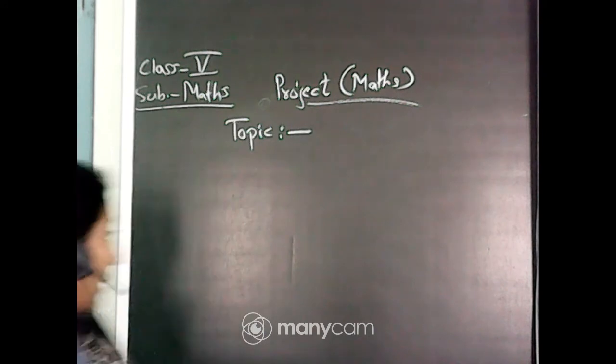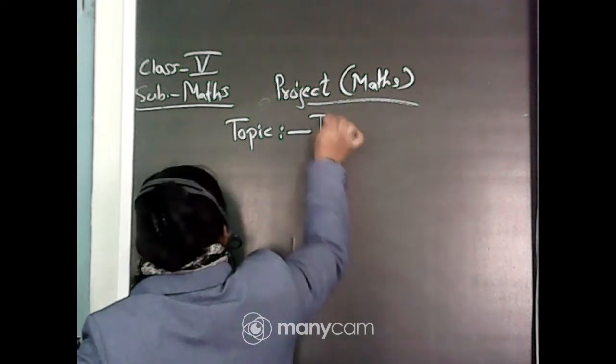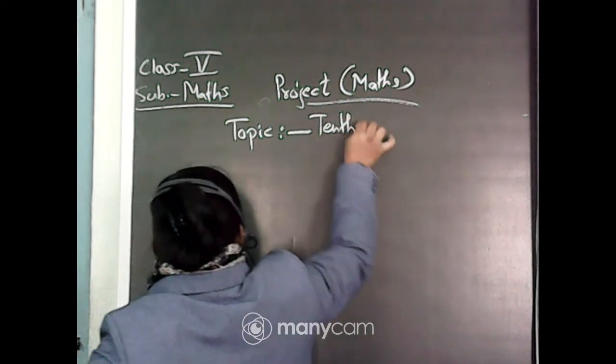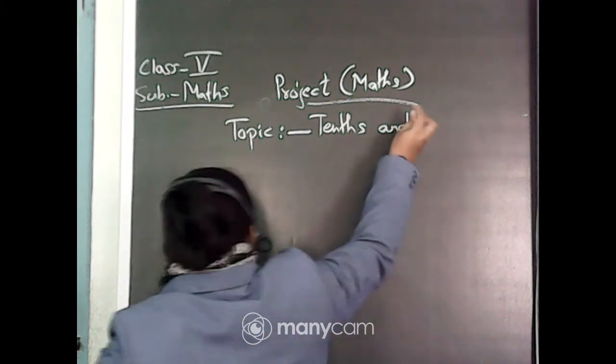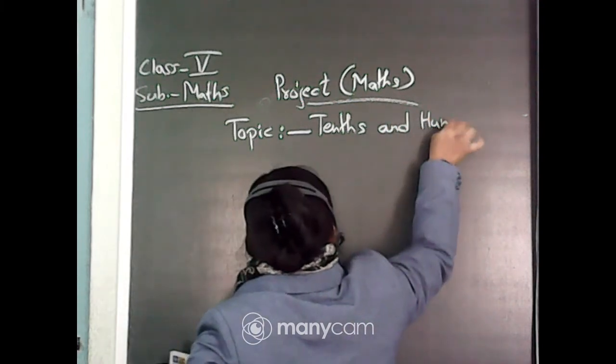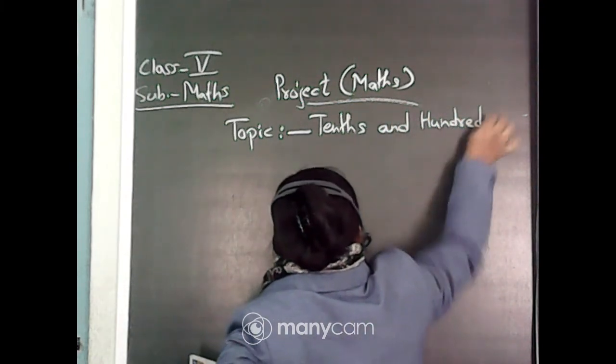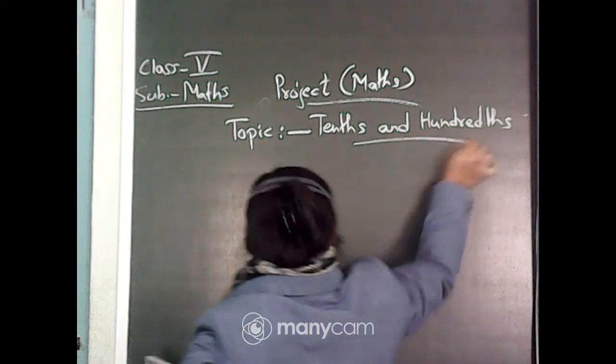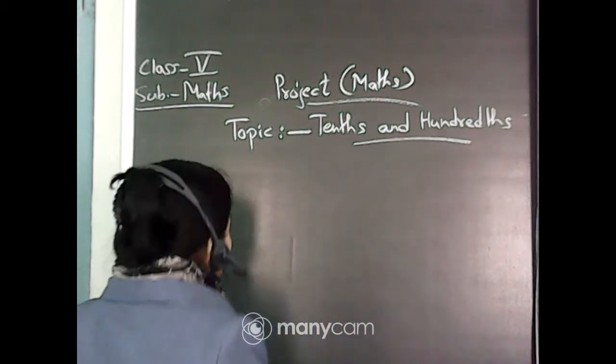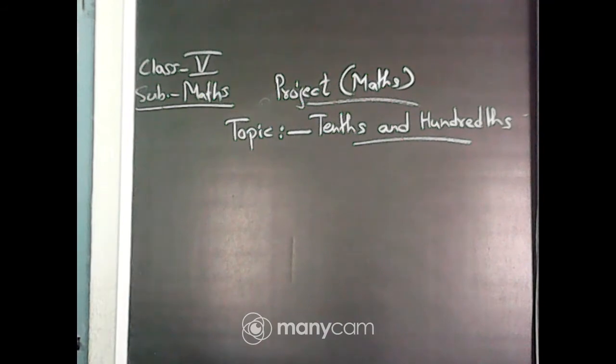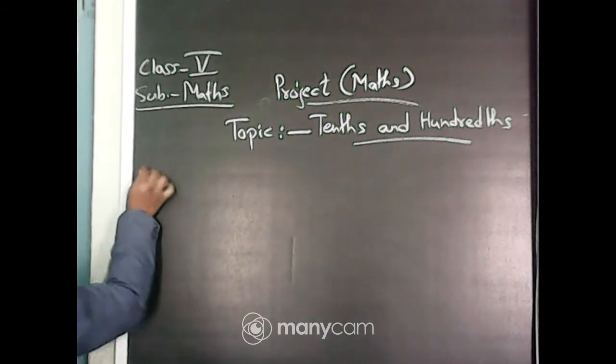So the topic is tens and hundreds. Okay, this is the topic. On this topic you are making the project, so you will write the topic. Clear? Then what you have to do?